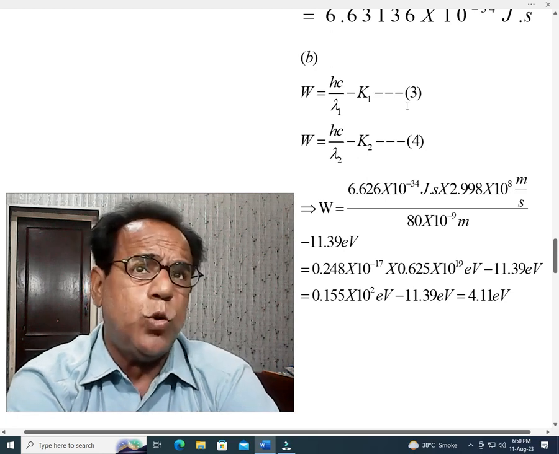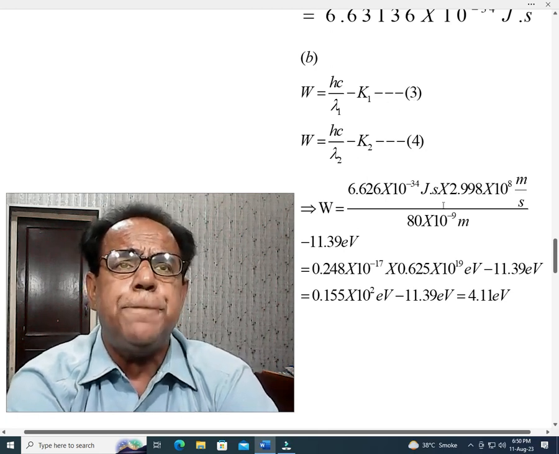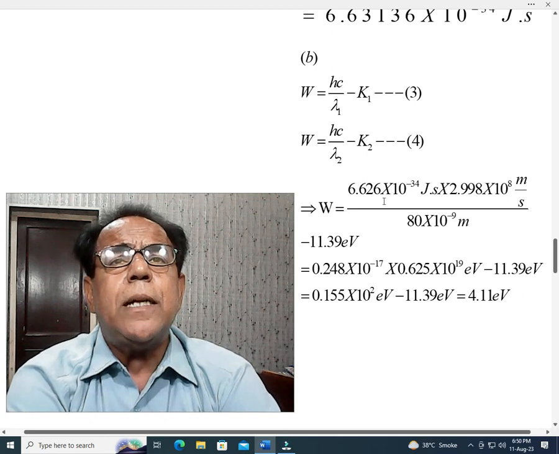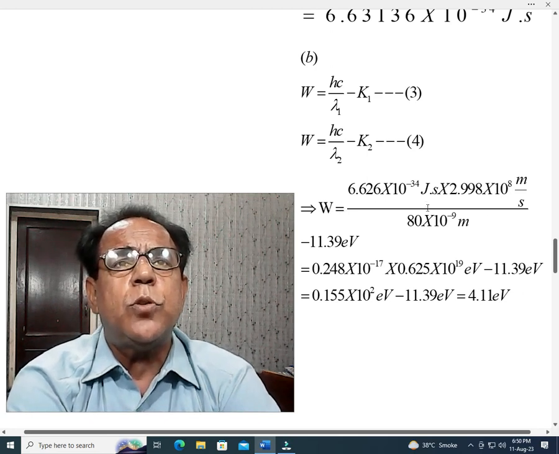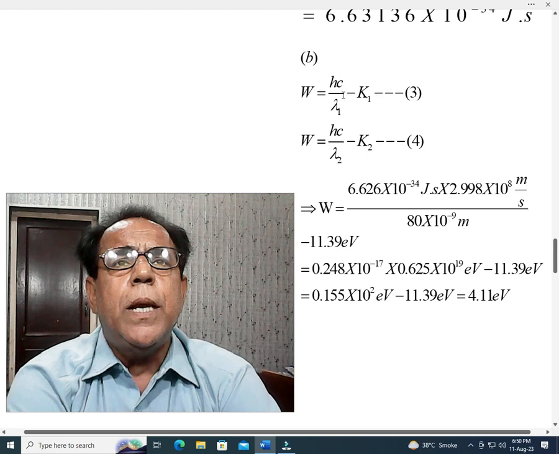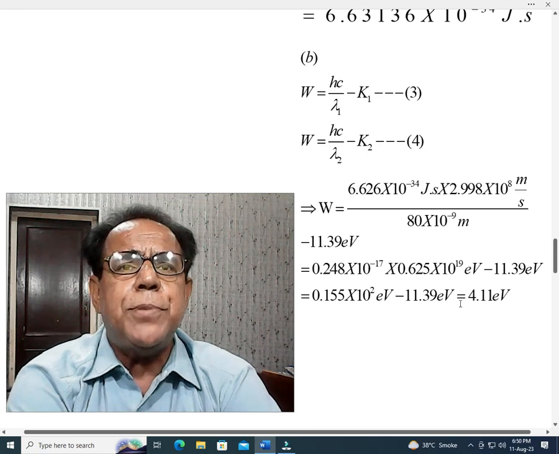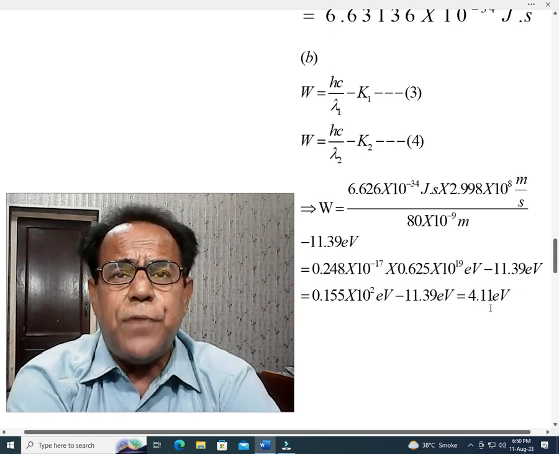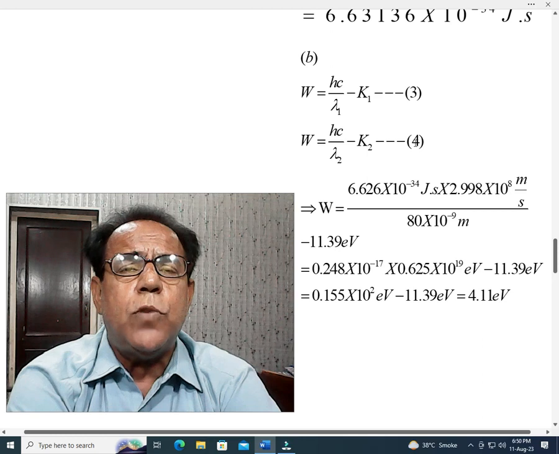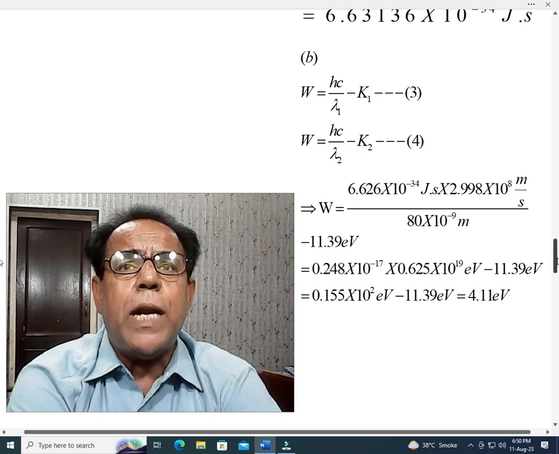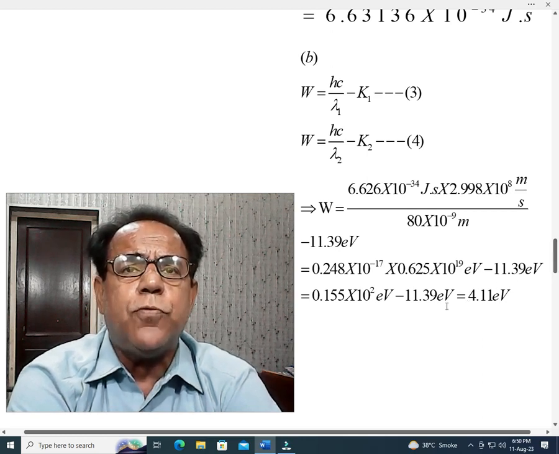So first we come to equation number 3. Work function W equals so and so. We have just put the values of Planck's constant, speed of light and wavelength given in the problem, and this becomes equal to 4.11 electron volt. Now we come to equation number 4, and we will see that this value is also very close.